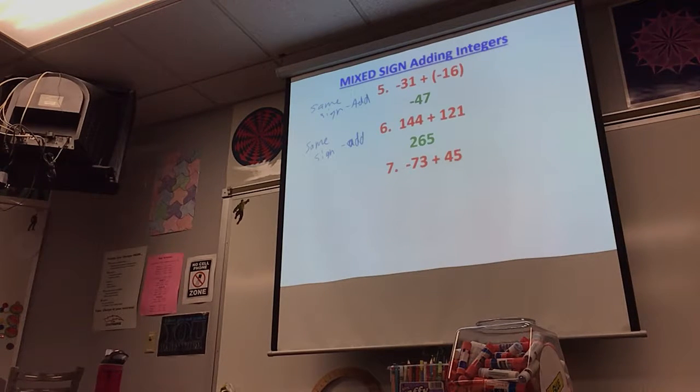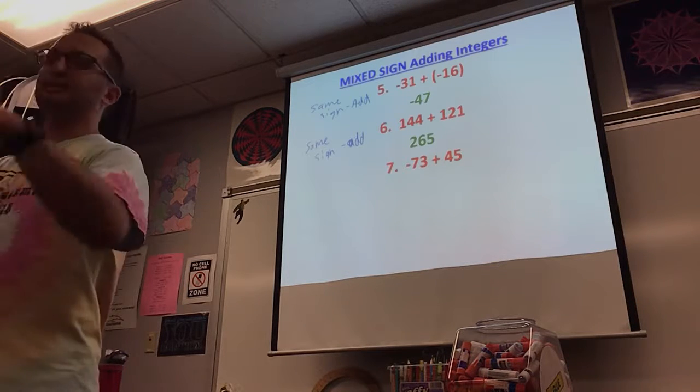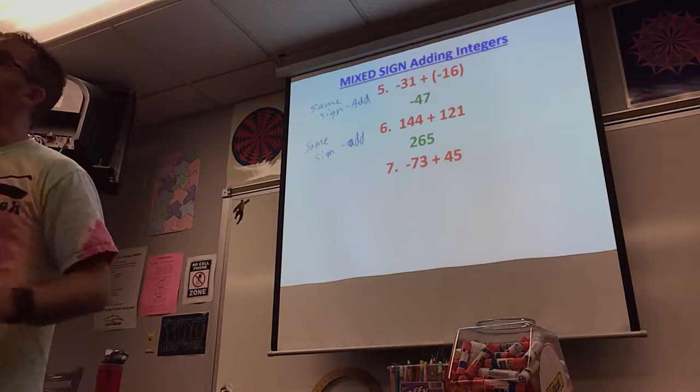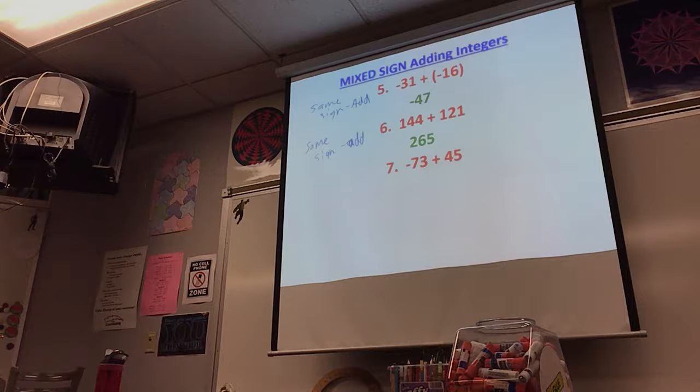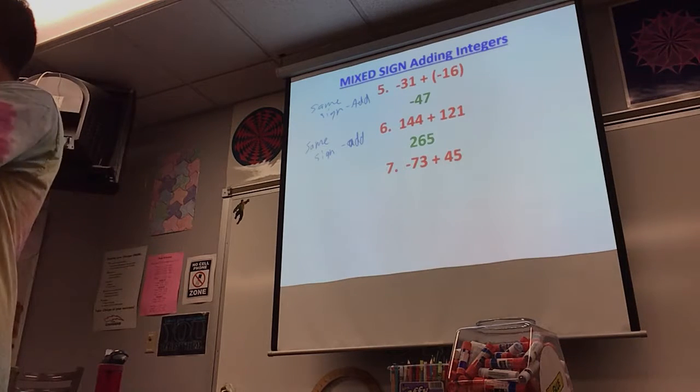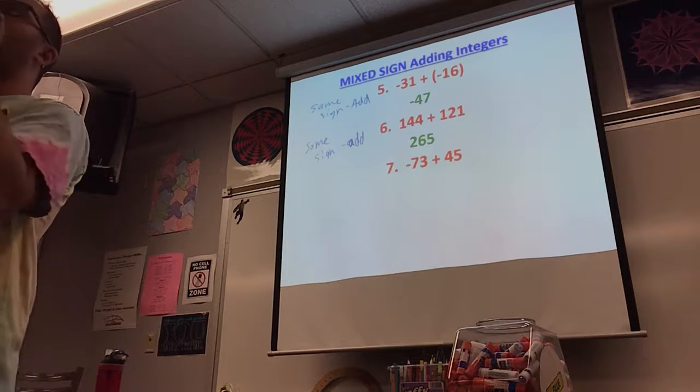We keep the sign of the bigger one so you can be exact. What? All right, now don't worry about the beat. I want to hear you. Ready? Same sign, add. Different sign, subtract. We keep the sign of the bigger one so you can be exact. What?